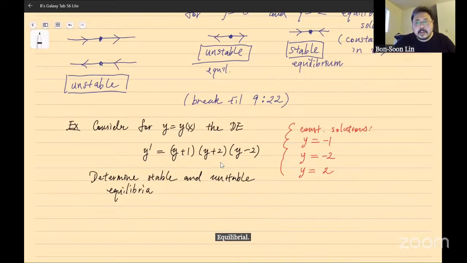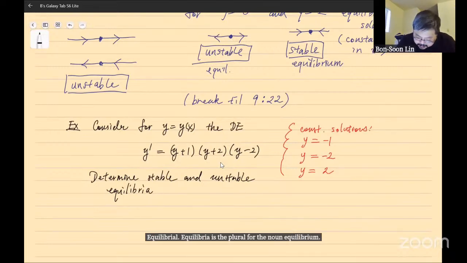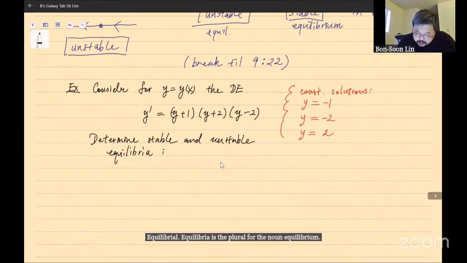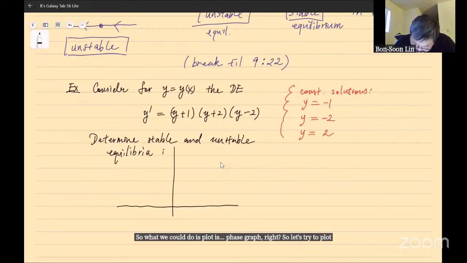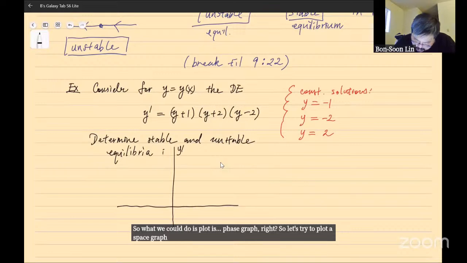Equilibria is the plural for the noun equilibrium. So what we could do is plot its phase graph, right? So let's try to plot its phase graph, which is a graph, again, of y prime versus y.